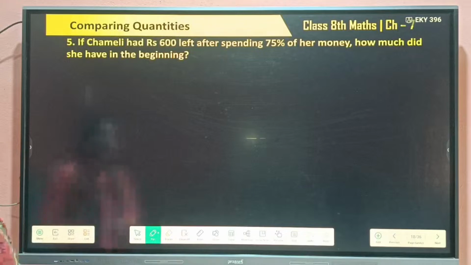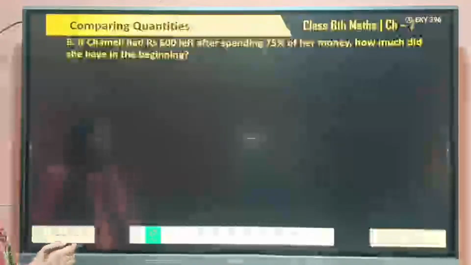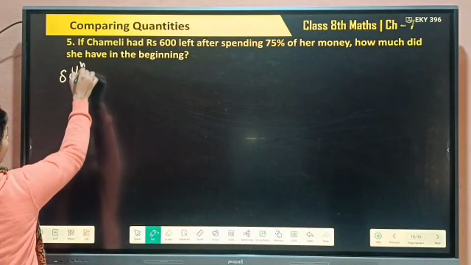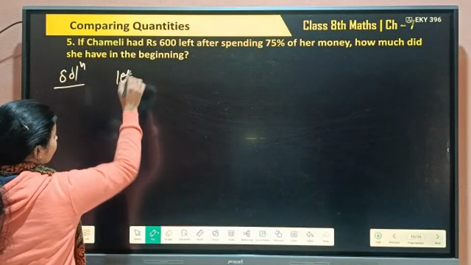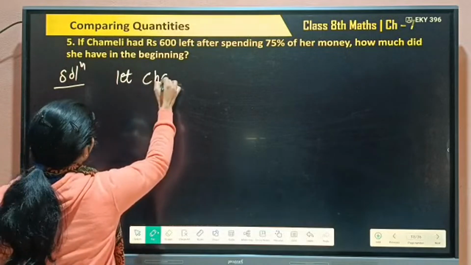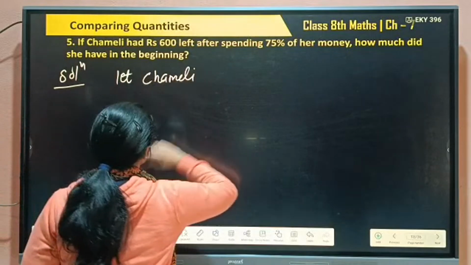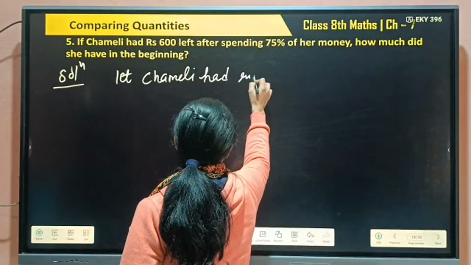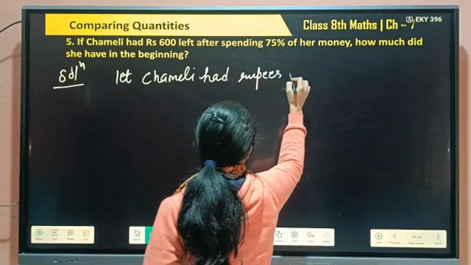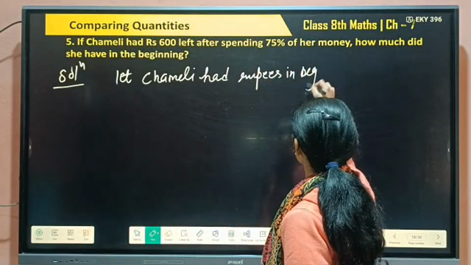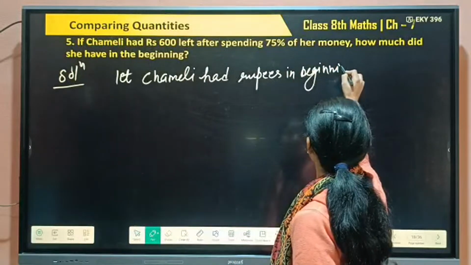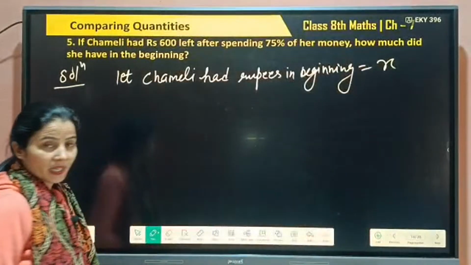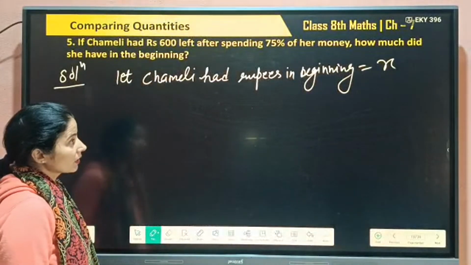Let us consider she had x rupees in the beginning. Let Chameli had x rupees in the beginning.